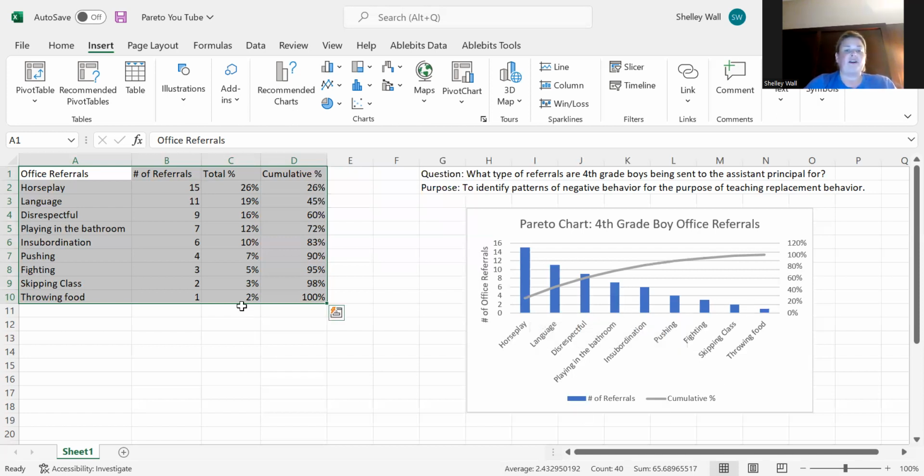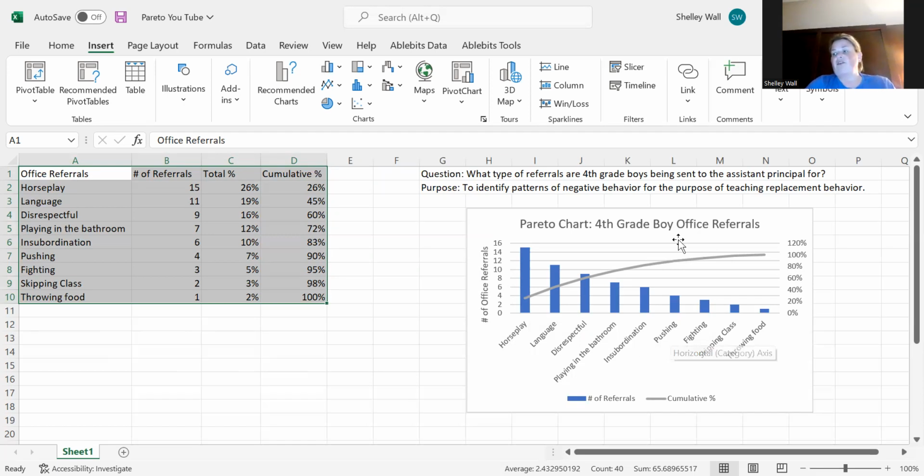Important to note, if you look at our data table, you will see total percentage here, but you don't see it in our legend down here. That's because we went in and deleted it. Simple enough. You can go in and delete it, because this is truly all we're concerned with, because ultimately we're looking for our 80-20 rule.